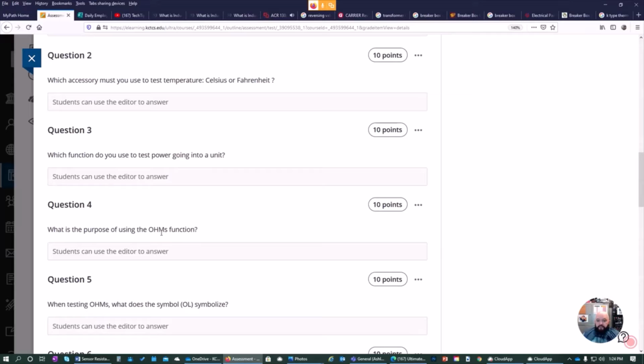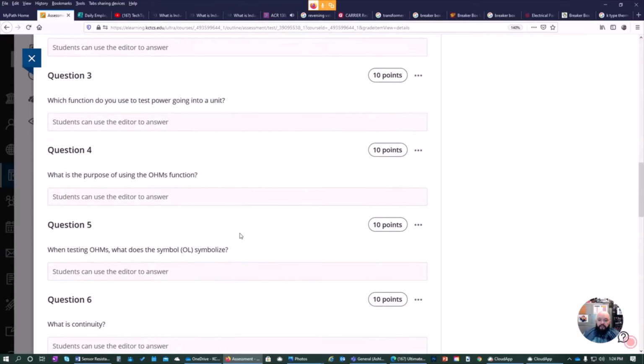What is the purpose of using the ohms function? The ohms function tests the resistance of a load, like a blower motor. If you do not have resistance, meaning you don't have a coil in the windings, that means that winding is open and that motor is bad. It will never run. So OL, or open line, is open windings in a motor, and that's a bad thing.